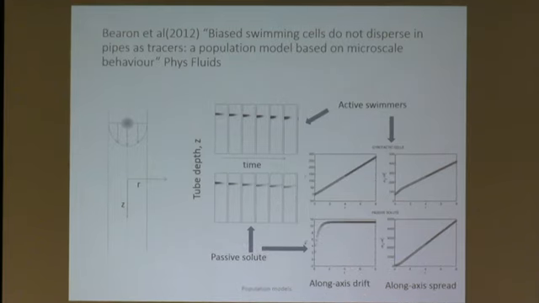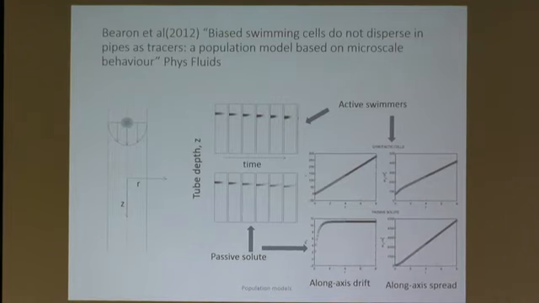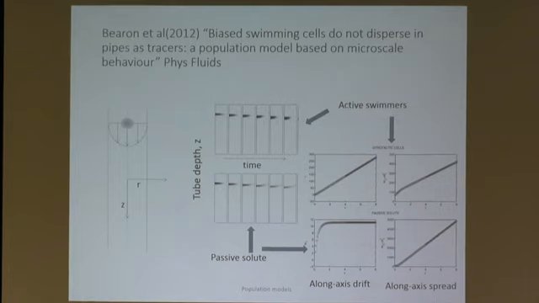And if we look at the drift along the axis and the effective diffusion along the axis, this is very much comparing to classic Taylor dispersion ideas of the effective dispersion of a chemical along a pipe. What we see is an order of magnitude difference.